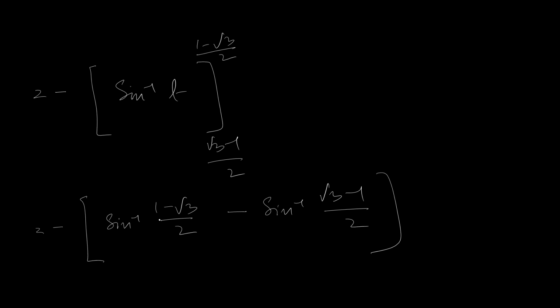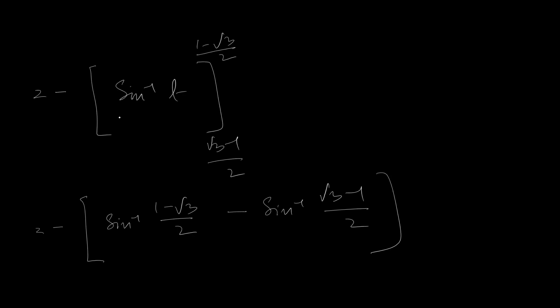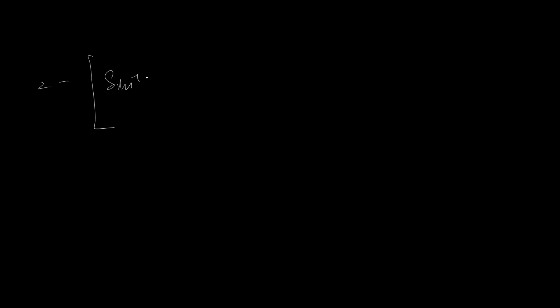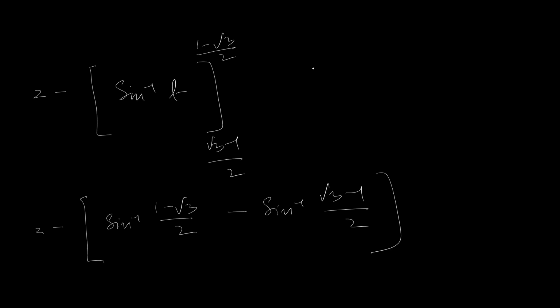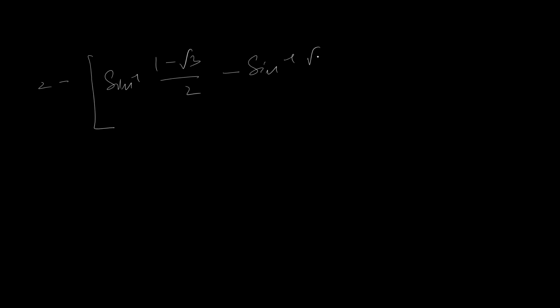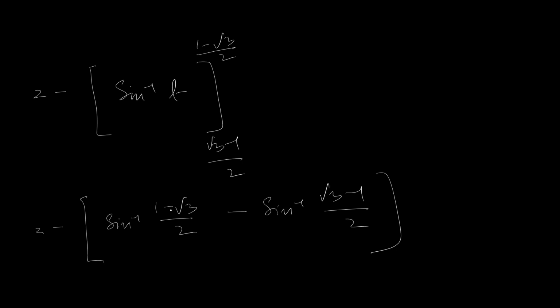Okay, so here what I can do is write −[sin⁻¹((1 − √3)/2) − sin⁻¹((√3 − 1)/2)].